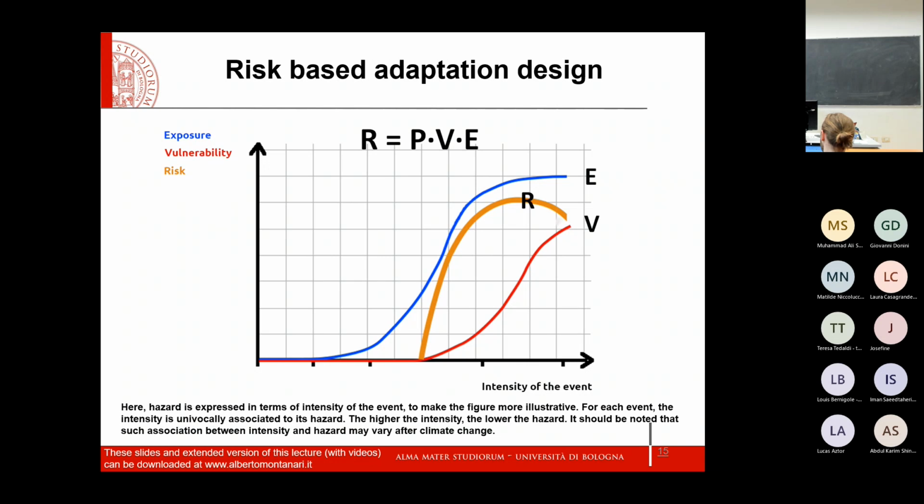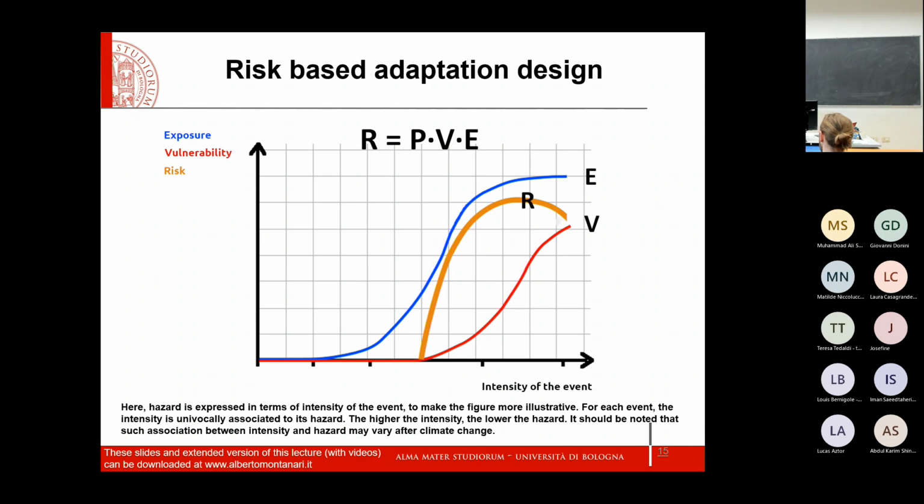So, for instance, with dams, given that the potential exposure is very large for high intensity events, we usually want to get protected against events that have a return period of 1,000 years.